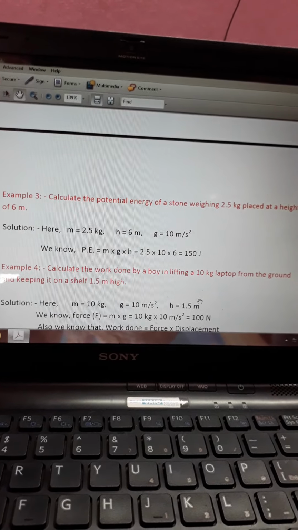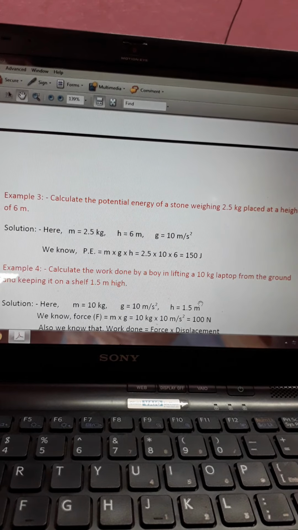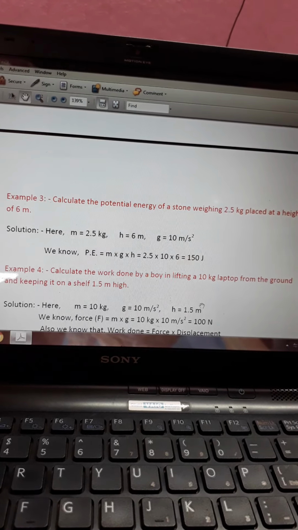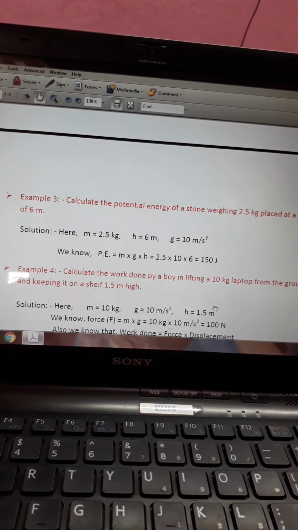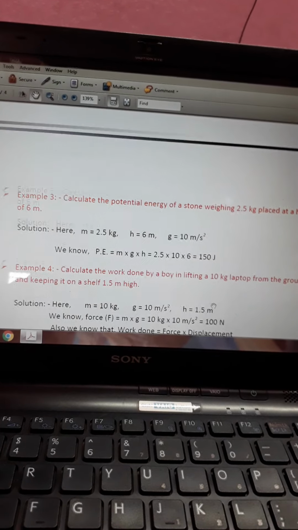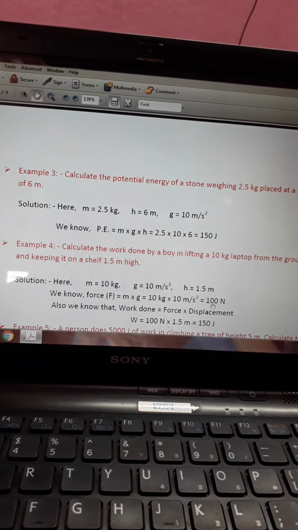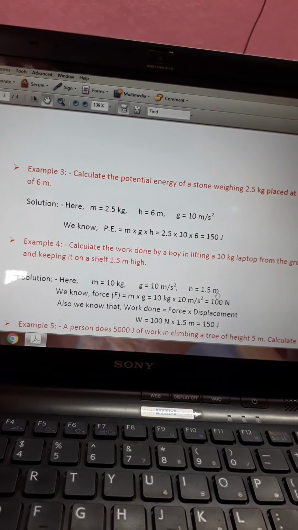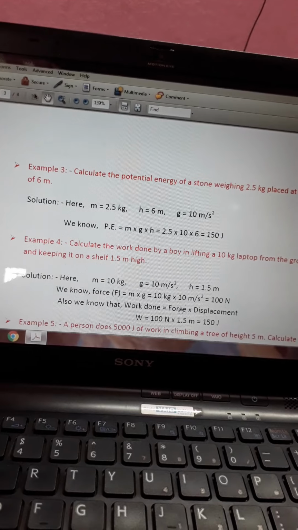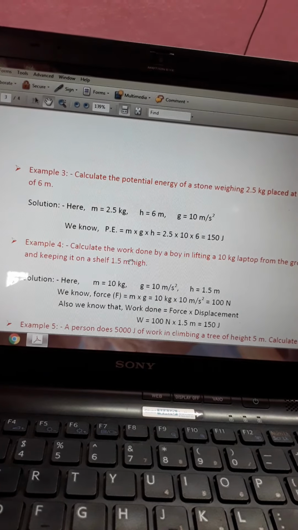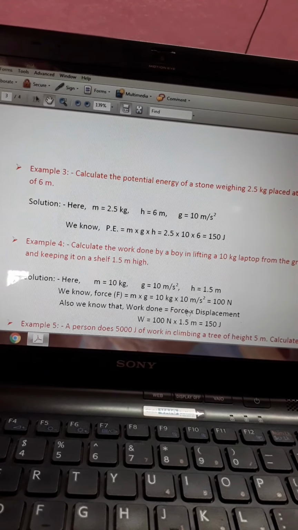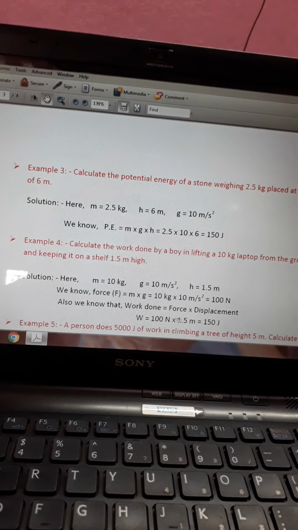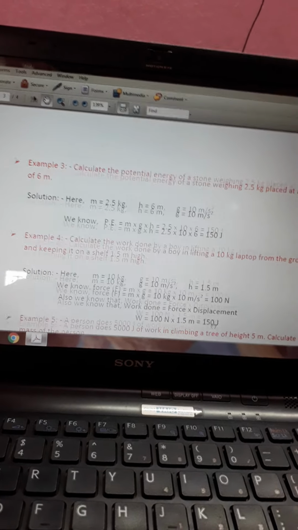Calculate the work done by a boy in lifting a 10 kg laptop from the ground and keeping it on a shelf 1.5 meter high. So mass is given, g is given, h is given. At first we have to find mg, so we will get force, and work done is asked. We know work done is equal to force into displacement. Then you put those values and get the result.